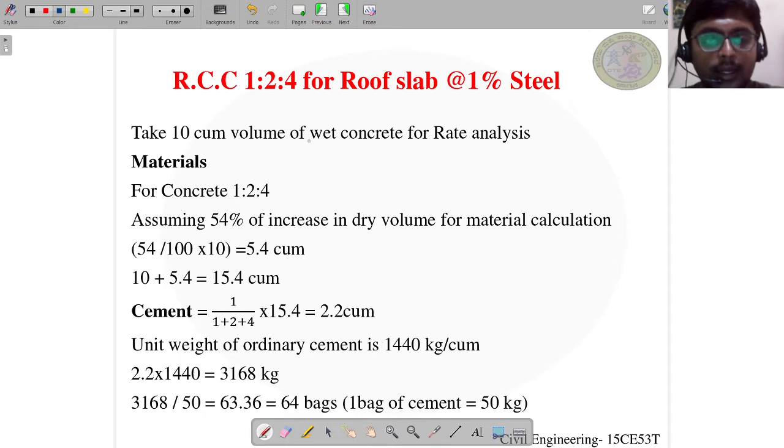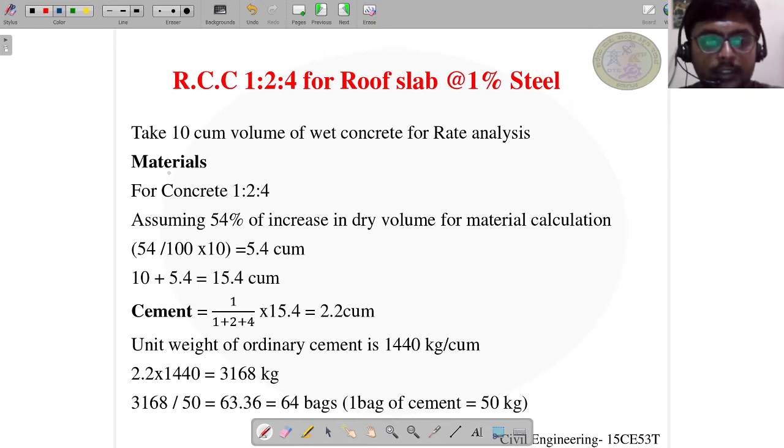As you know, rate analysis is nothing but working out the unit cost of any construction work. So how do you work out the unit cost? By knowing the quantity of materials required and also the quantity of labors required.